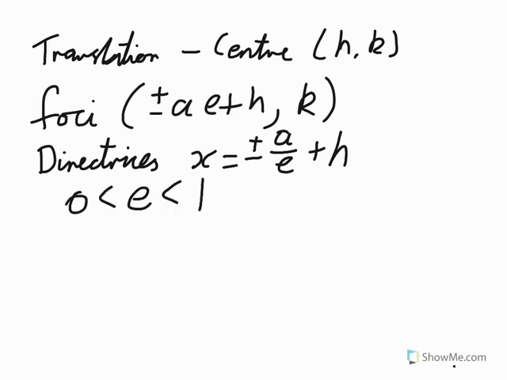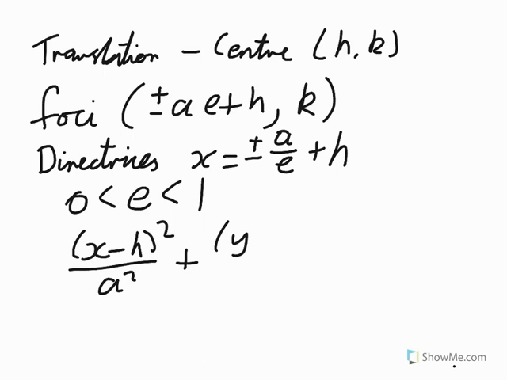Of course, the eccentricity is between 0 and 1, and the translation goes into our Cartesian form, x minus h squared over a squared plus y minus k squared over b squared, and that equals 1.